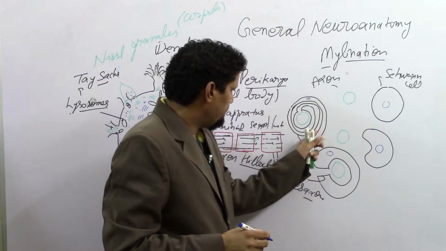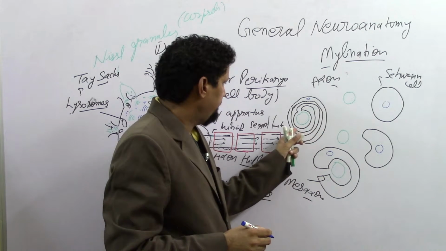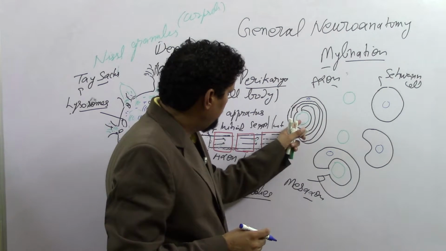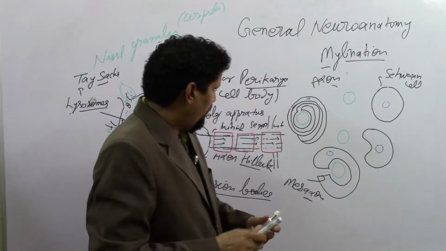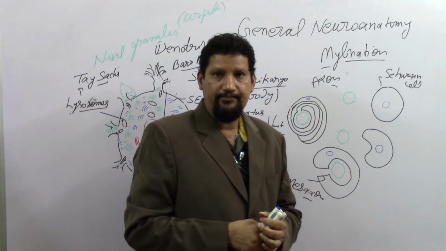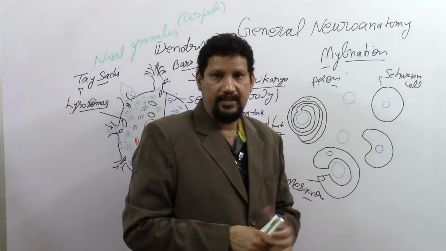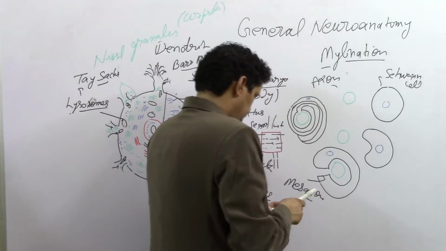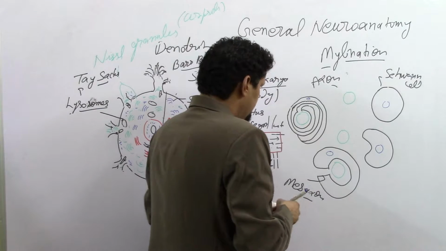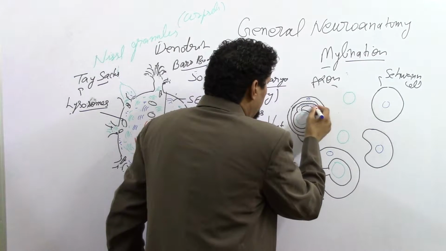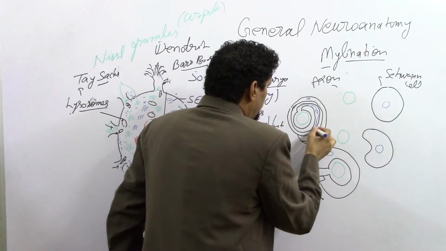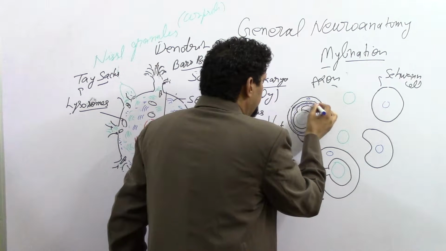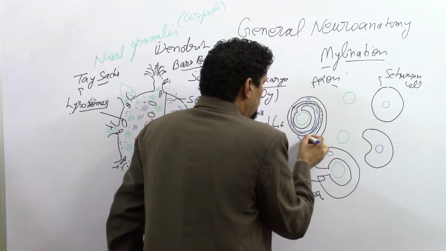So these multiple concentric layers surrounding the axon will deposit a lipoproteinous substance known as myelin, which is deposited in the multiple layers of the plasma membrane of the Schwann cell.